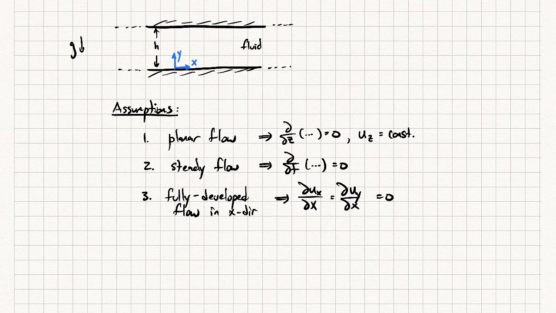So what it means is that the x velocity and the y velocity don't change as we move in the x direction. I'm not worried about the z direction because it'll be at most a constant, so it's automatically 0 as well. So as I move left or right here, the velocity profile will look identical. And that's a pretty reasonable assumption. If these plates are infinitely long, whether I look at the plate here or over here, it looks exactly the same.